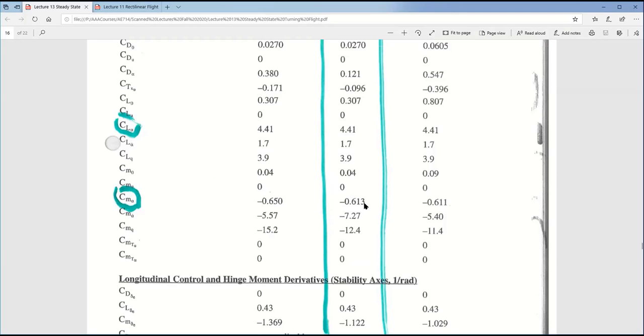Do we assume the incidence angle of the horizontal tail, IH, is 0? Yeah, we're going to assume IH is 0. So that makes it even easier. It knocks that term out.